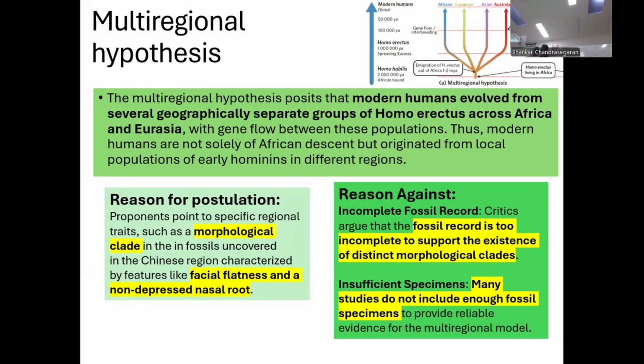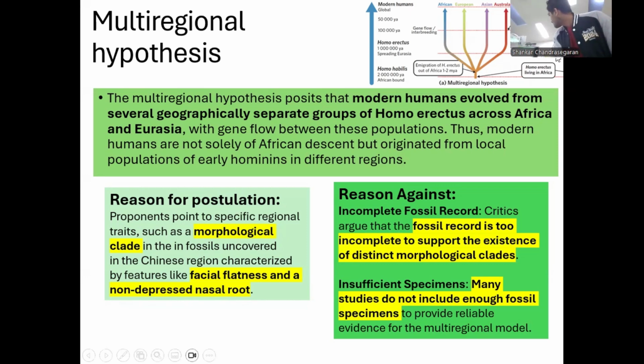First of all, the multi-regional hypothesis posits that modern humans evolved from several geographically separate groups of Homo erectus across Africa and Eurasia when there was gene flow occurring with these populations. Thus, modern humans are not solely of African descent but originated from local populations of early hominins in different regions.